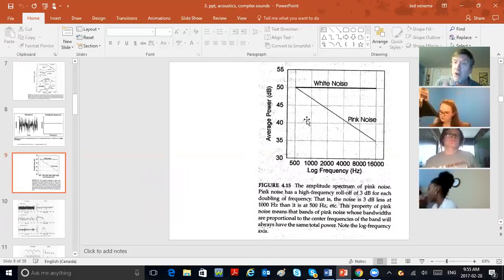The same thing goes for sound. If the spectrum has lots of low frequency energy but less high frequency energy, we then call it pink noise. And that, by the way, is the spectrum of speech.